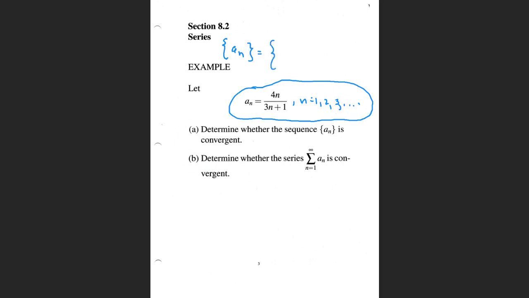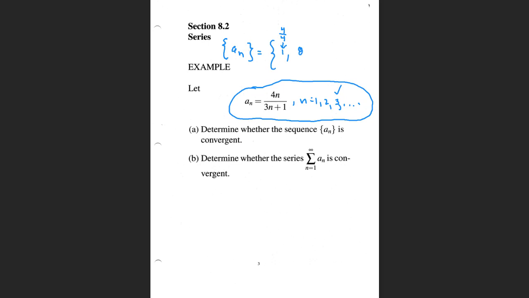Okay, what's the first term of this sequence here? When n is 1? 4/4. Yep, which is 1. That's right, John. That's right, Clea. 4/4 equals 1. What's the second term of the sequence? 8/7.